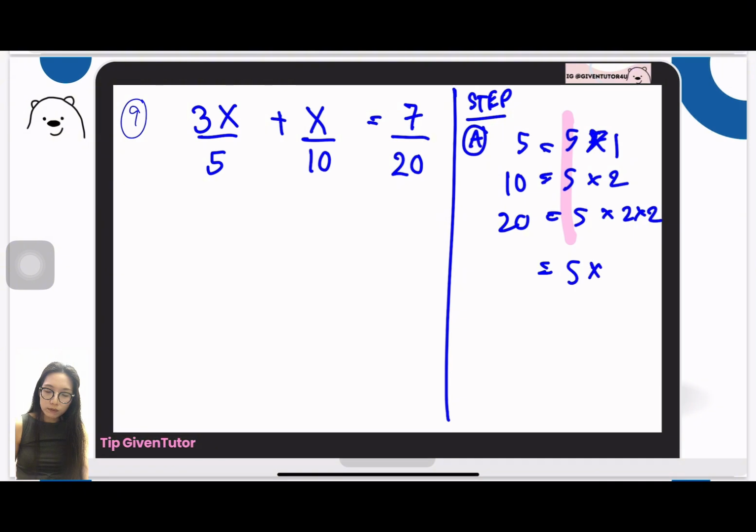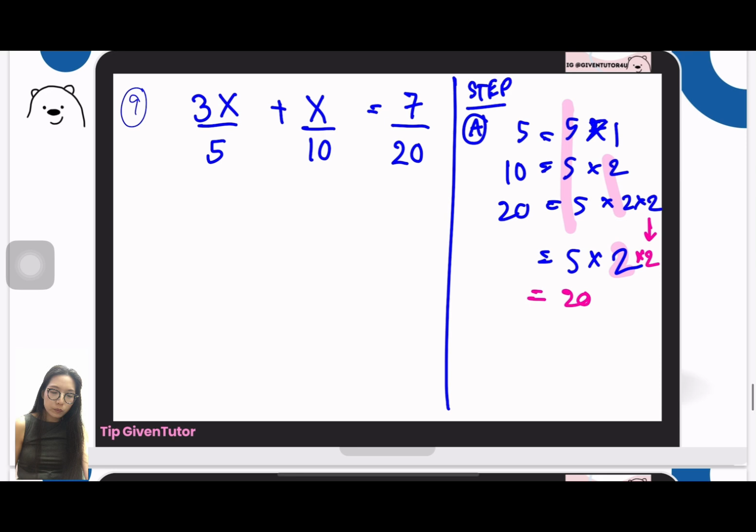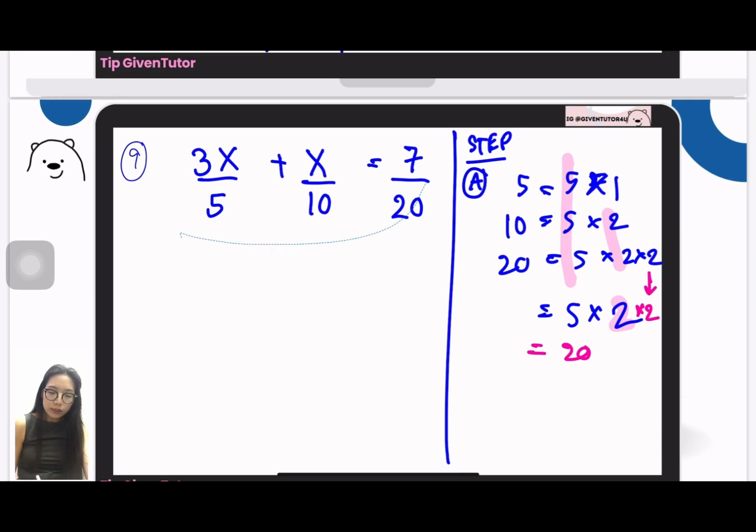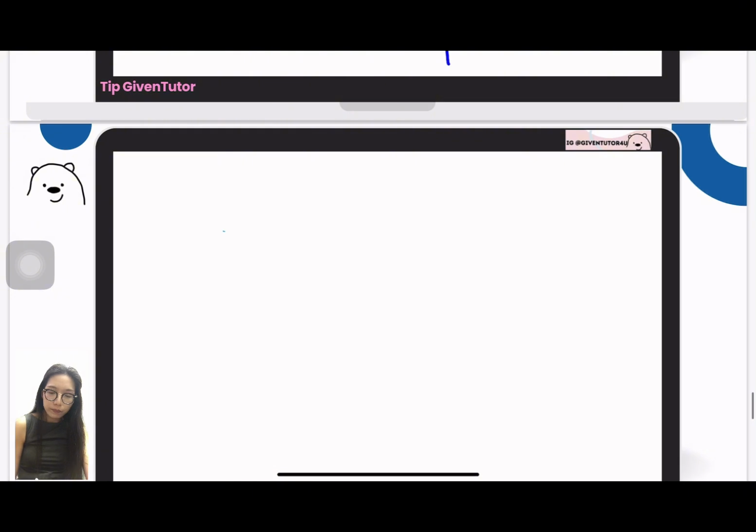So it's the 5. And then the next thing will be the 2, and then another 2 wrapped in here too. So the 20. Okay, so the first step, what we have right here, will be written down.